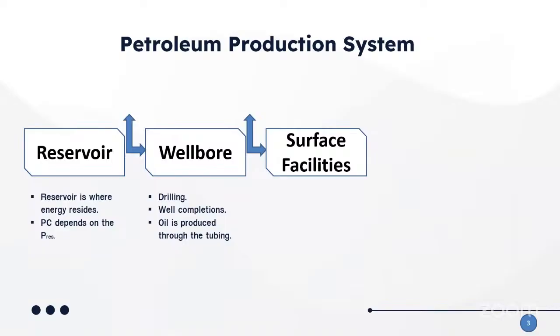So oil is then produced through this tubing. Then you must create an isolation between the wellbore and the tubing string using a packer, so that your fluid only flows through your tubing to the surface.